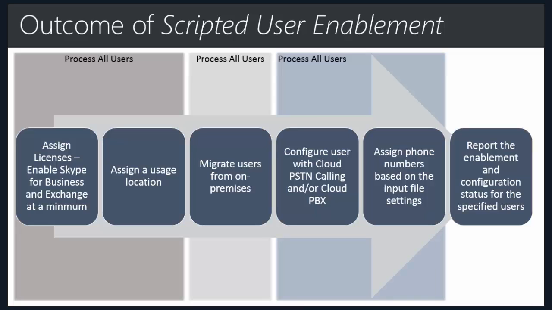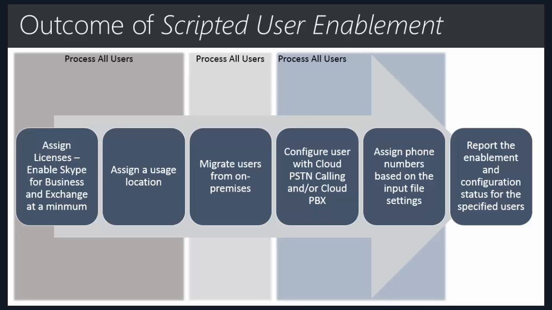The reason why I process all users for those first two steps is that there is a time period between assigning a license and that license becoming active so that we can then migrate users or configure. I would rather wait the time for that first user, making sure that that time is also being processed for all the subsequent users in the file, to ensure that we can execute the script to its completion quicker.